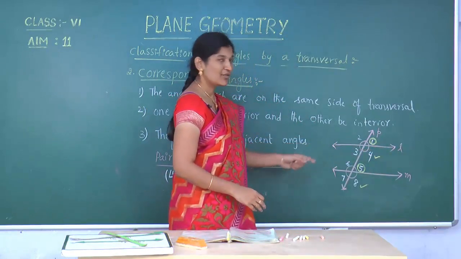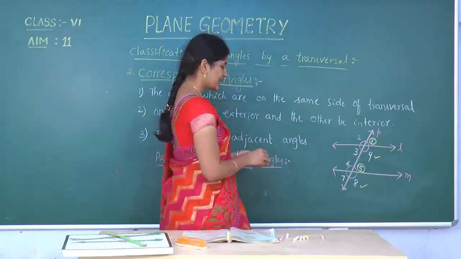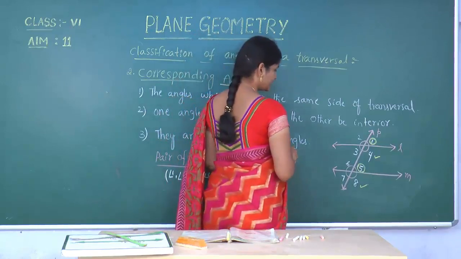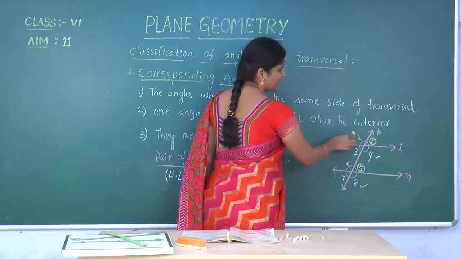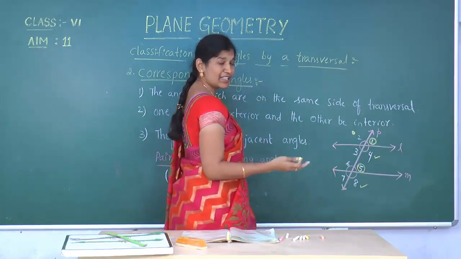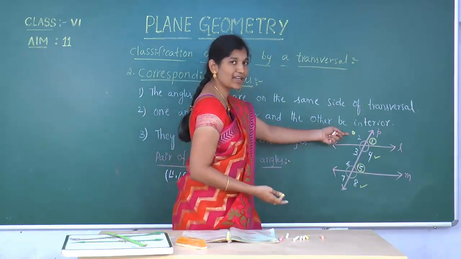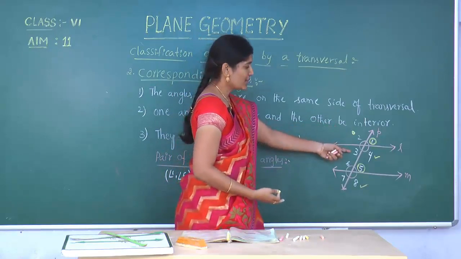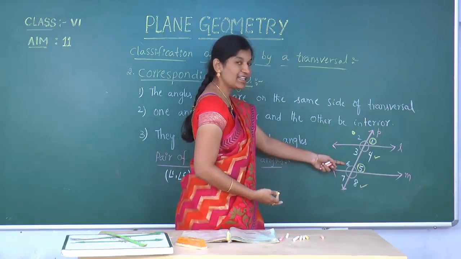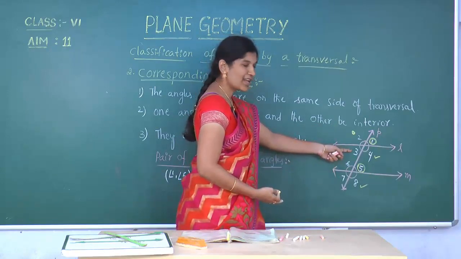Coming to this side, what are the pair of corresponding angles? Now I am going to select 2, and if I select 2 means next definitely here 2 is the exterior angle. Obviously I should go with the interior only, no? So this one and this one are interior, but I don't want to take this one. Why?